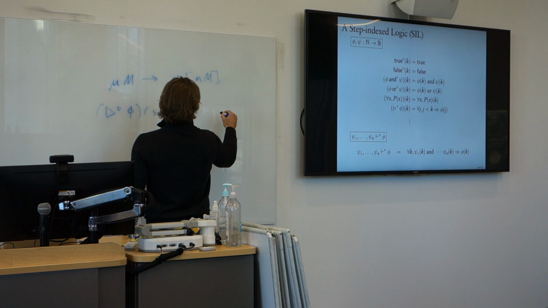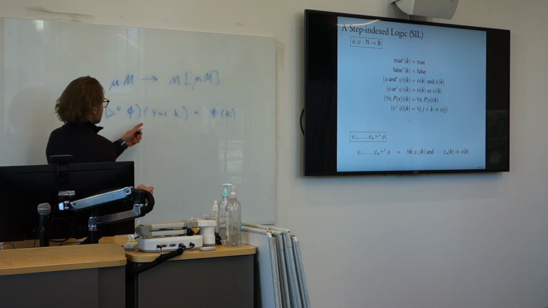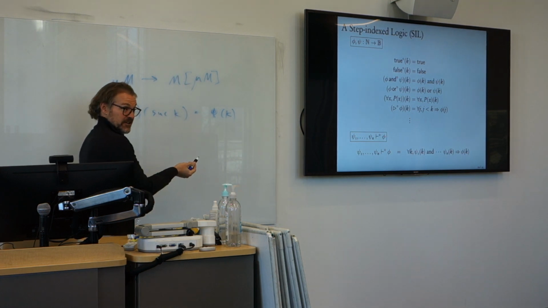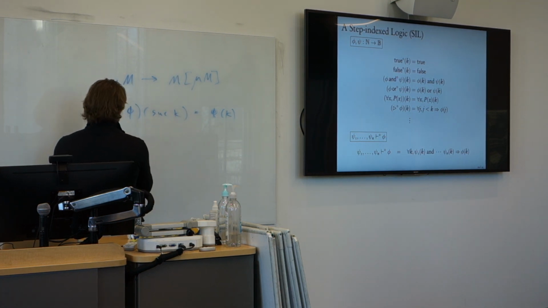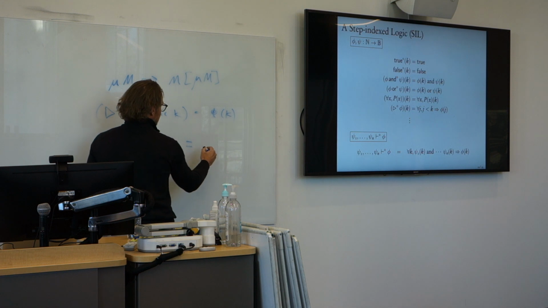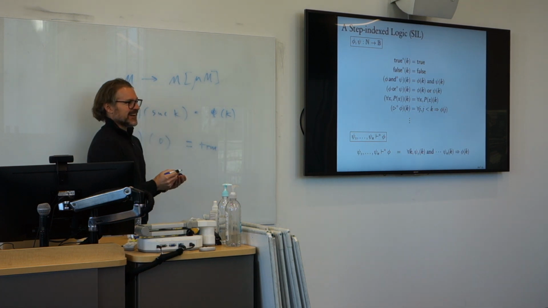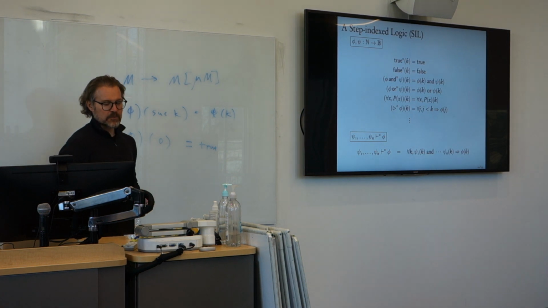It would just be phi of k. If you do that, then you also need to define that for 0, right? And typically what people do here is that they just say true, okay? Which is a little bit weird.